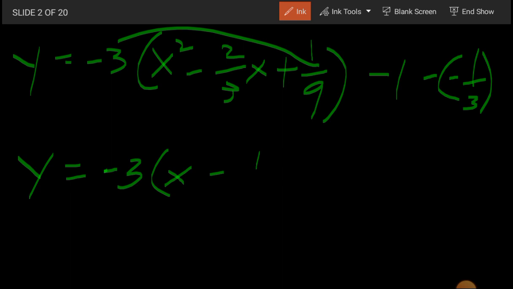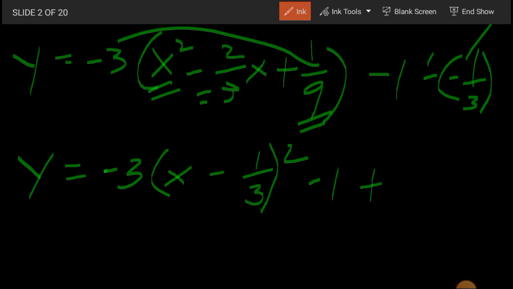Kunin lang yung square root ng first term at yung square root ng last term at yung sign ng middle term. So, minus. Square root ng last term is 1 over 3. Then, quantity squared. Then, for the constant part, magiging negative 1. We have negative times negative. Magiging positive na yan over 1 over 3.